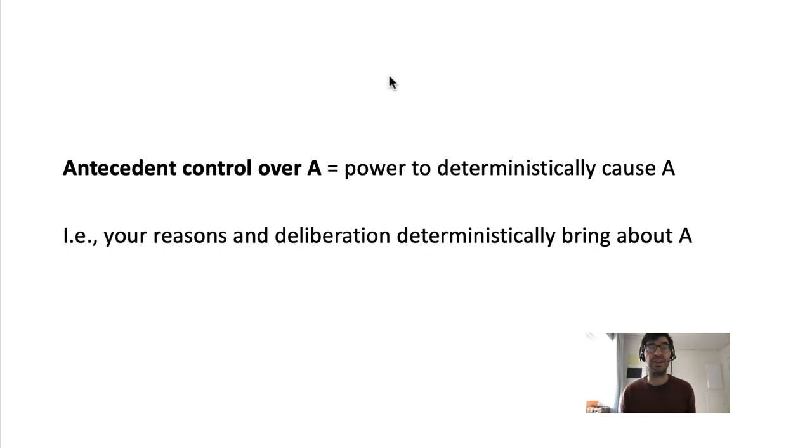And so Franklin simply hasn't ruled out why that isn't a plausible way of understanding antecedent control. It's a very natural way of understanding it, so it's somewhat strange that he doesn't discuss it.